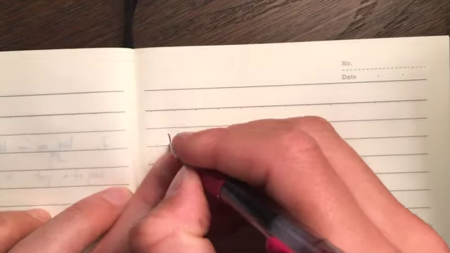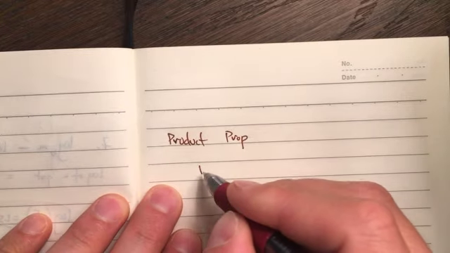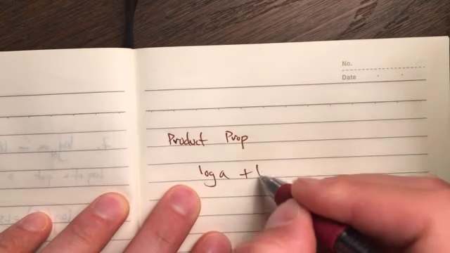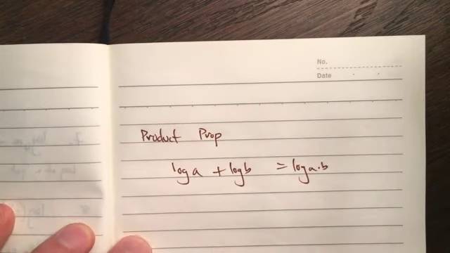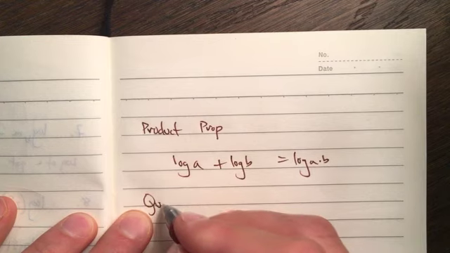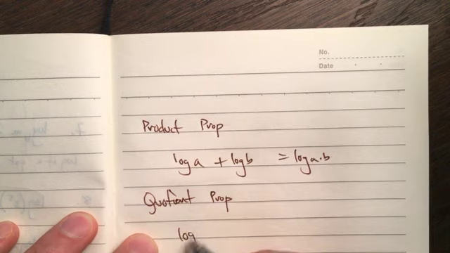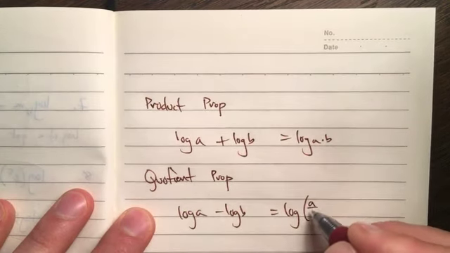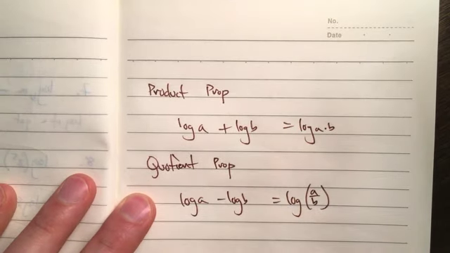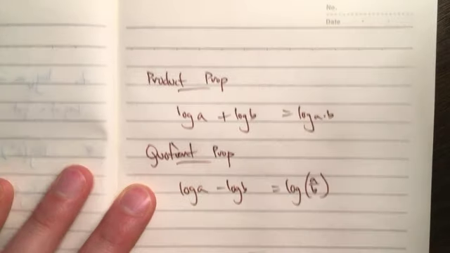So, to summarize, we have the product property, which says log of A plus log of B equals log of A times B. We have the quotient property, which says log of A minus log of B is equal to log of A over B. Add 2 logs, combine them into 1 by multiplying the stuff inside.